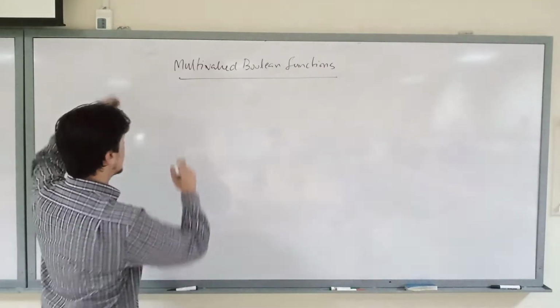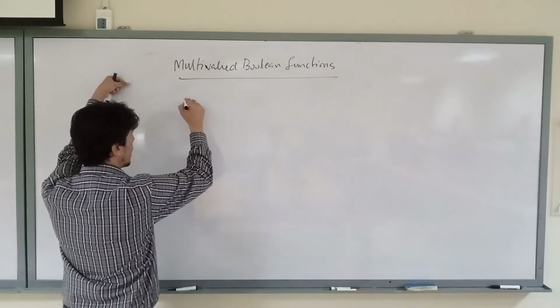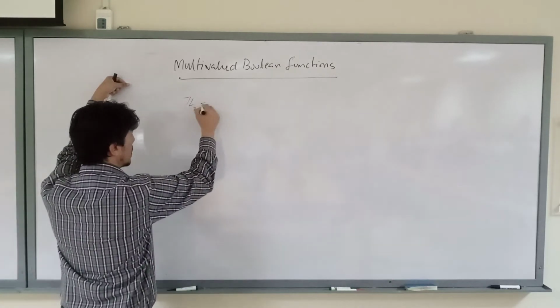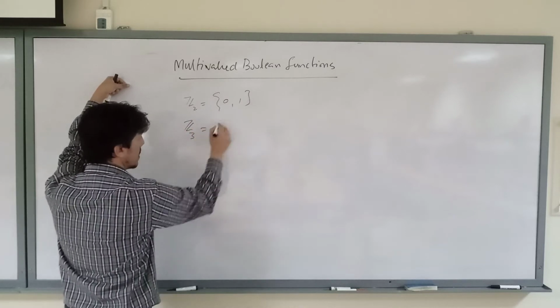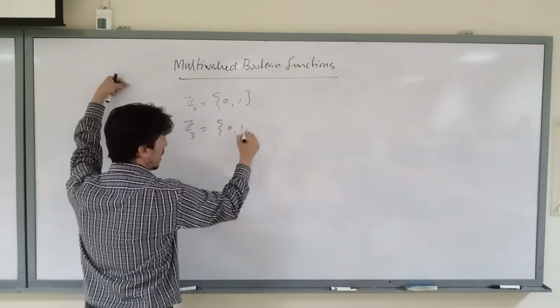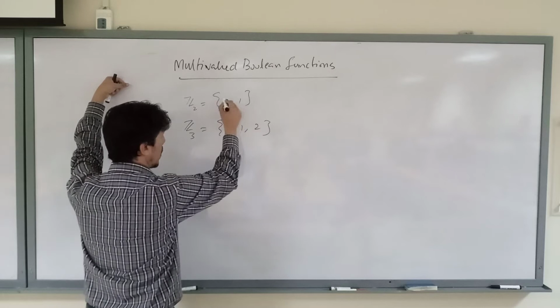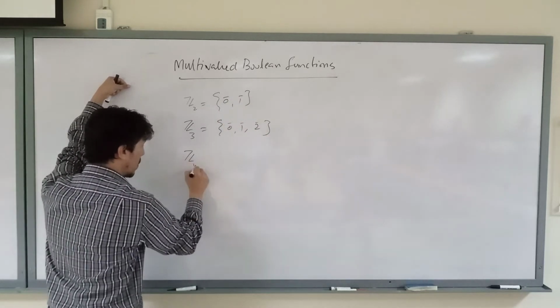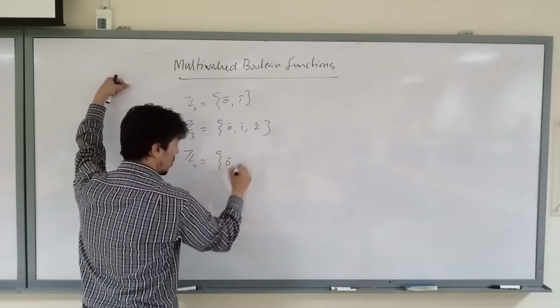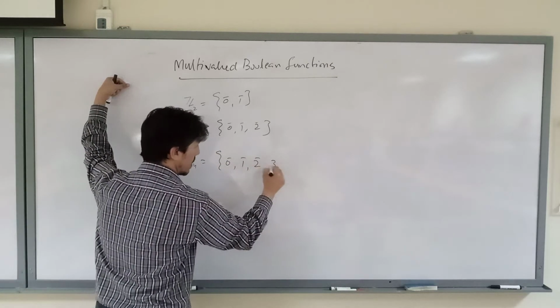If I recall, Z2 is 0 and 1, and then Z3 is 0, 1 and 2, I call it a class. So Z4 is 0, 1, 2 and 3.